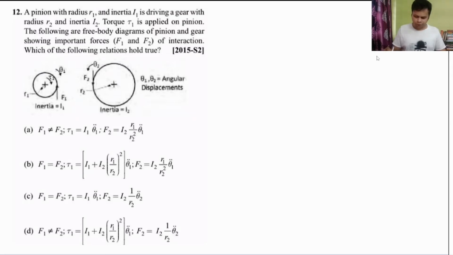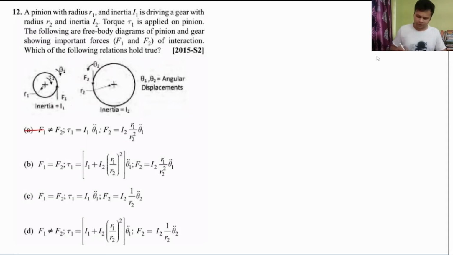First of all, if you concentrate, there are two forces, F1 and F2. Now these are an action reaction pair, right? The pinion is applying a force of F2 on the gear, so the gear is applying a force of F1 on the pinion. So basically these are an action reaction pair, so definitely they will be equal in magnitude.